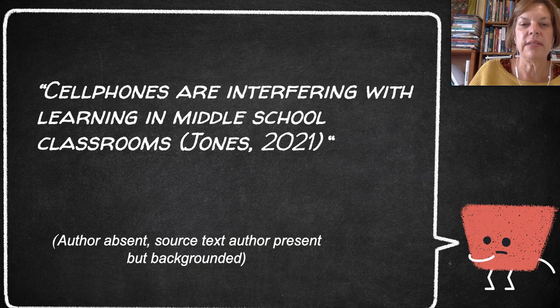Cell phones are interfering with learning in middle school classrooms. So now you have taken yourself out of the sentence, but you've made the source text author much more present. But because the reference is at the end of the sentence, the source text author is still backgrounded. But as a reader, what I'm reading is that the source text author has said the statement and has said it quite strongly.